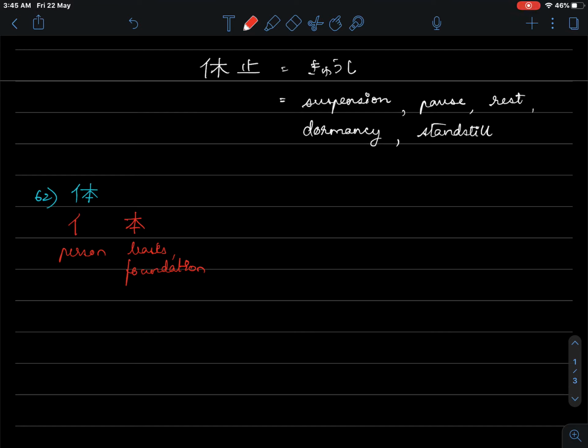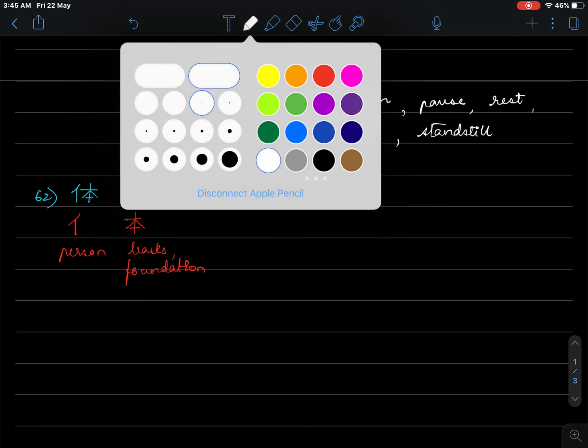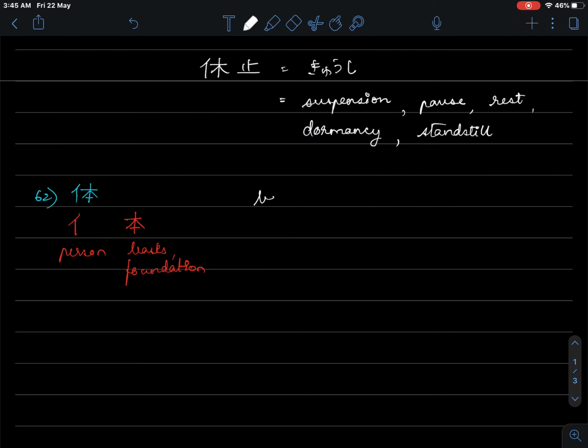The origins or the basis of a person happens to be their body, right, or their form. When you're talking about inanimate objects, the body of inanimate objects, you're usually referring to the form of those objects. So that is what you refer to here.